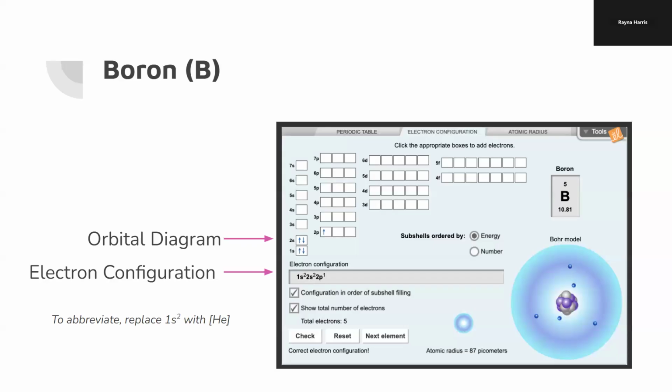So D is not in a valence electron. Which one are you on? N? Okay, that's good. Let's go.